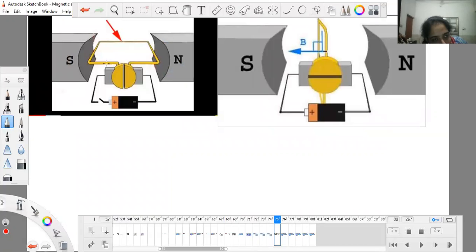In this condition you can see the split rings are like this, and the armature is connected with them. As the armature goes uplift, it will come to this condition, and these two split rings, which were like this, will come to like this.